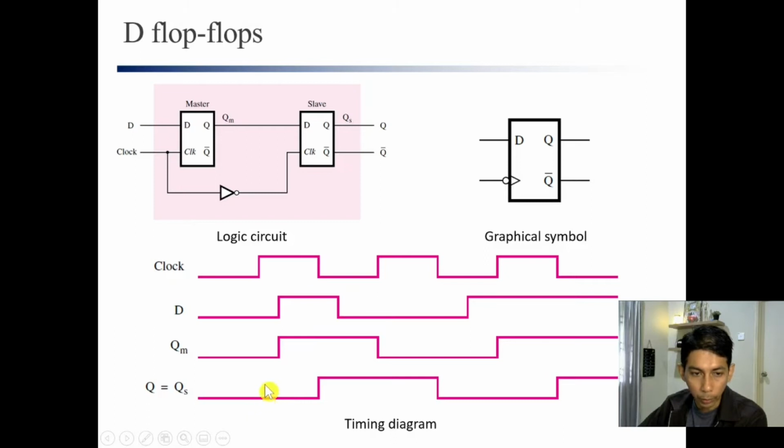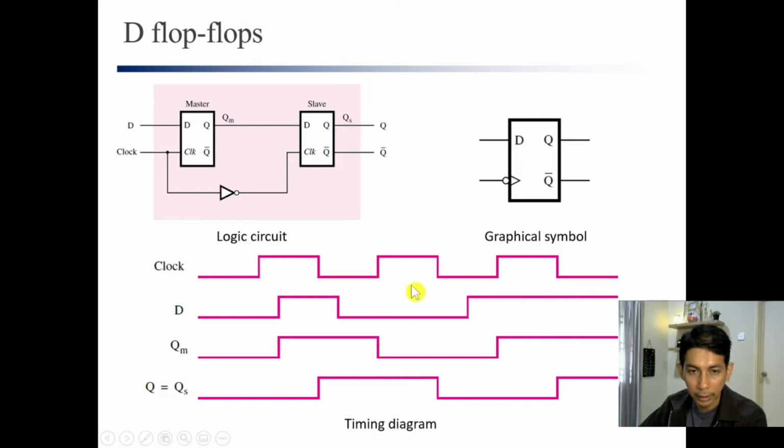This one is a positive edge, so we do not look at D yet. But here, at the negative edge, D is equal to 1, so Q will go to 1, and it remains 1 until the next negative clock edge, which is here.